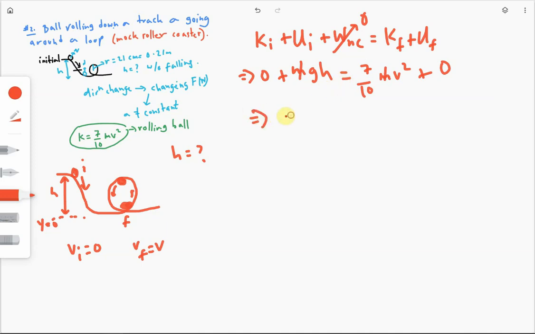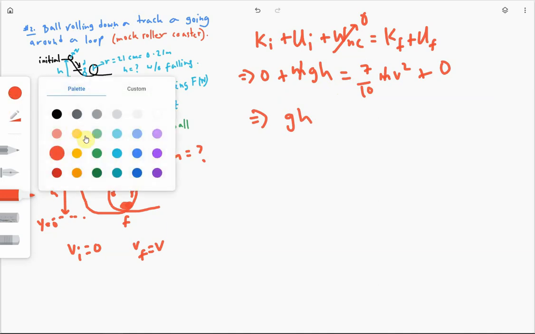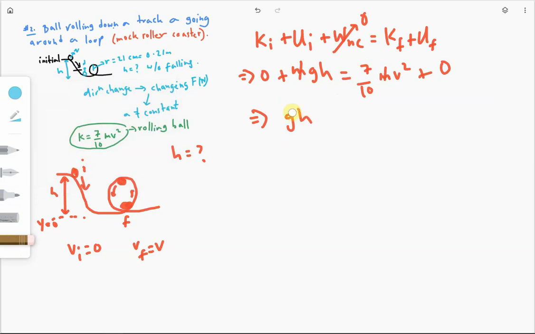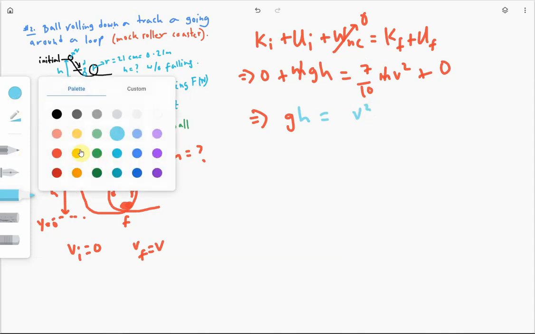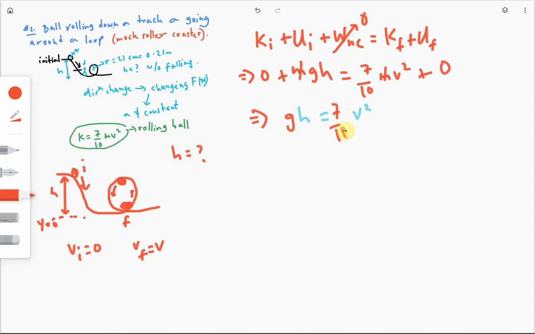However, if you notice, the equation has two unknowns: gh is equal to something times v squared, and that something is 7/10.